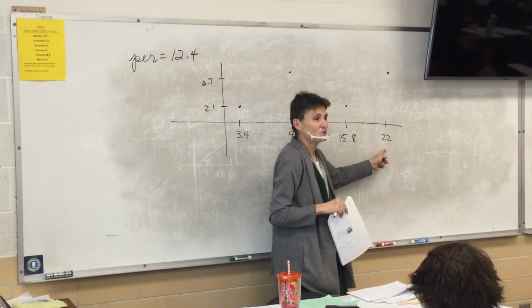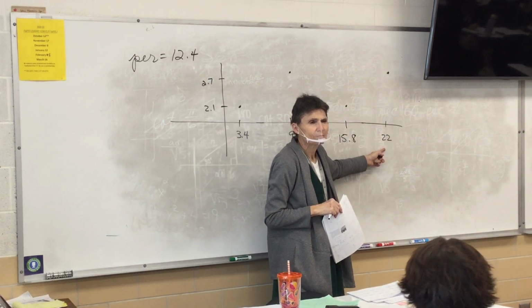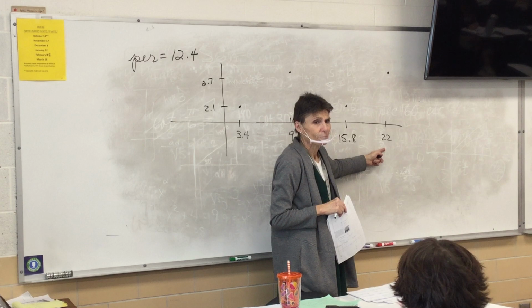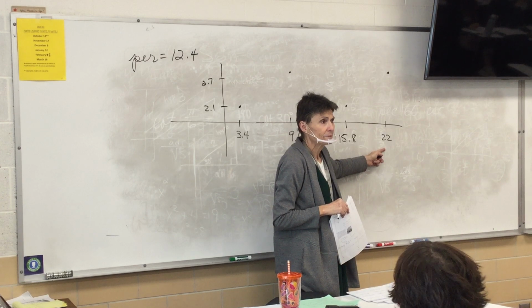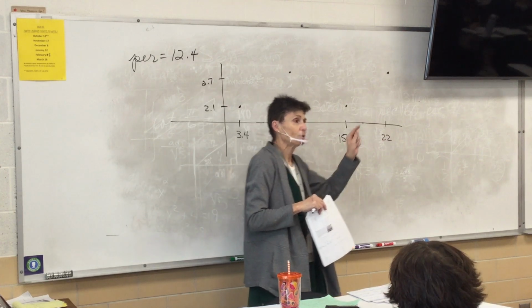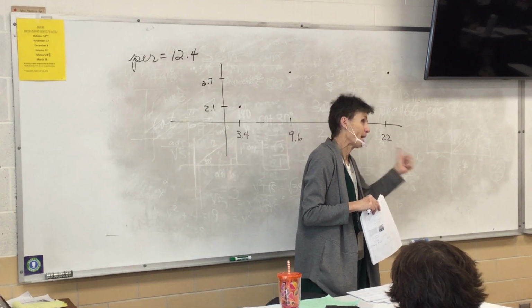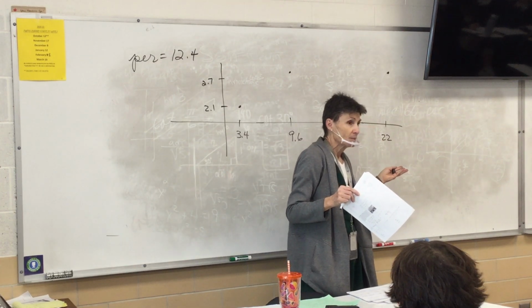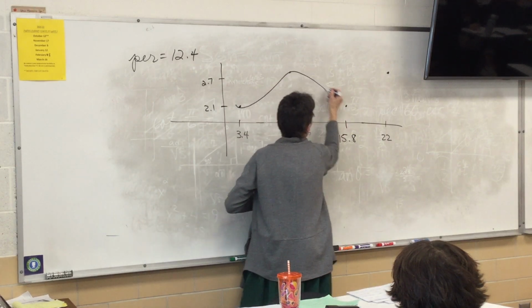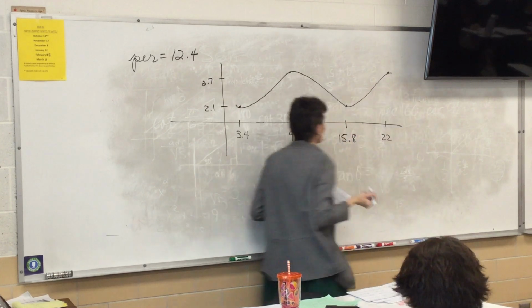So what does 22 really stand for? 10 p.m.? Right? In order to graph this, we have to understand you can't put 3 a.m. and 3 p.m. on the graph with the same number. Okay. All right, so I'm going to go ahead and sketch this in.